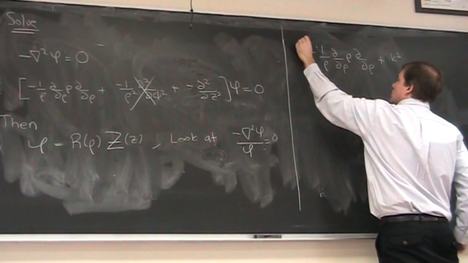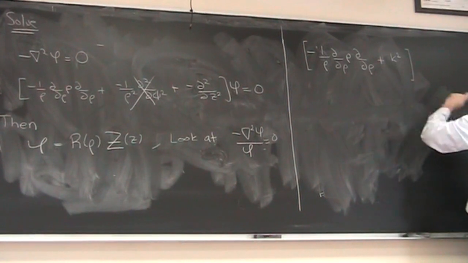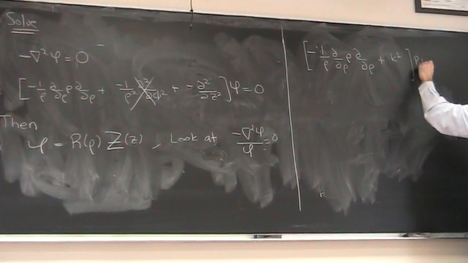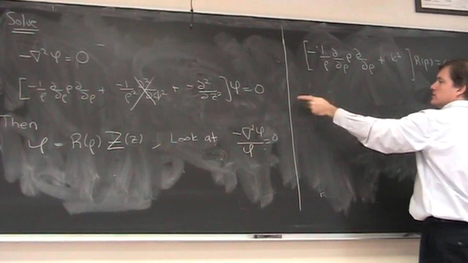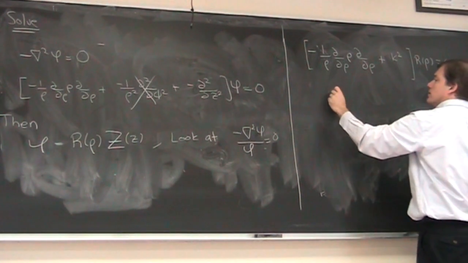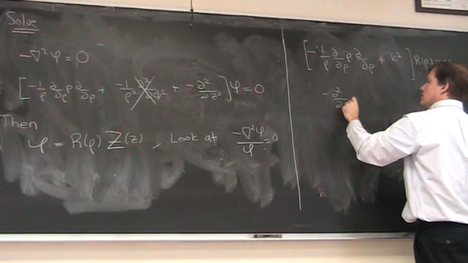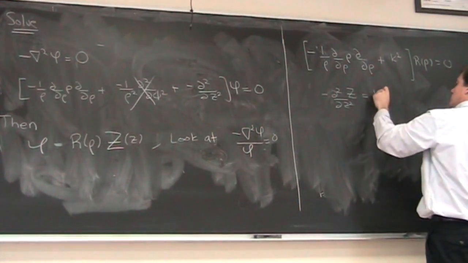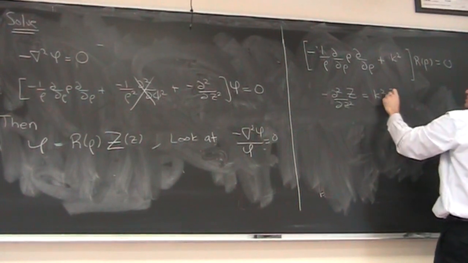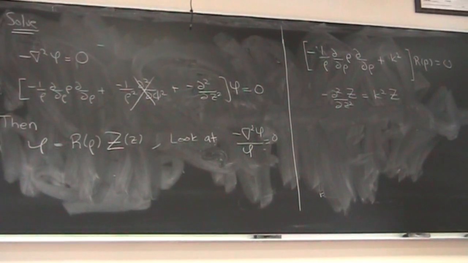Right. K squared. Looks good. And then from this other separated equation, you get minus partial z squared, equals k squared. I think that looks good.